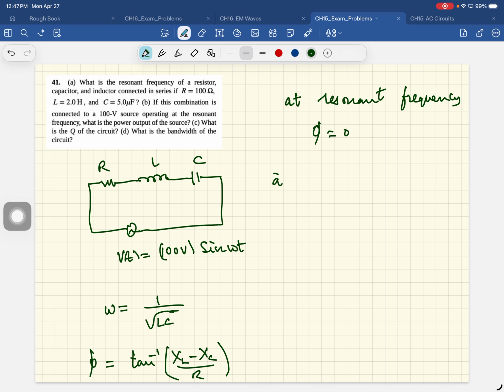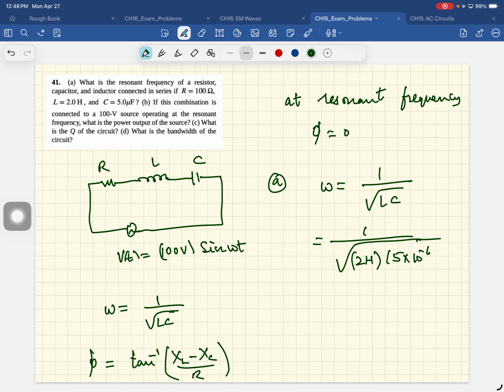Omega is, L is 2 henries, C is 5 microfarads, so the square root of that is 10 to the minus 3, that comes to the top, so that's 10 to the 3 over root of 10 radians per second.